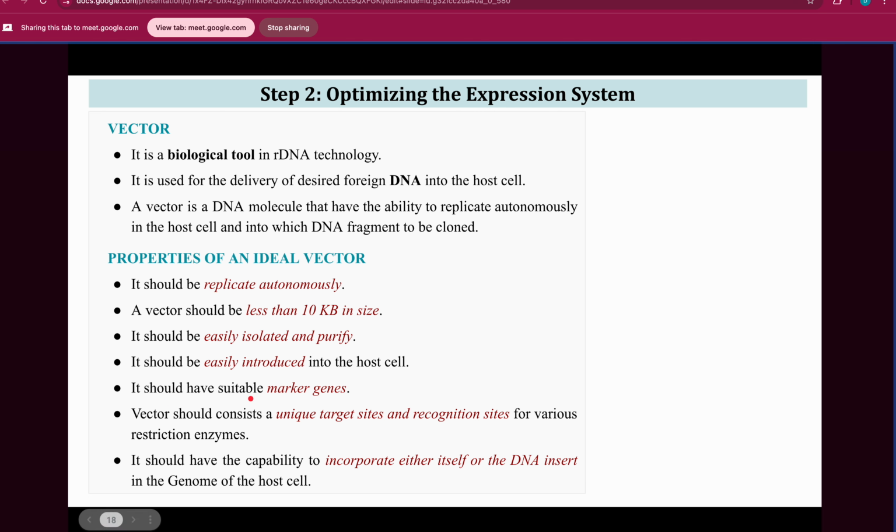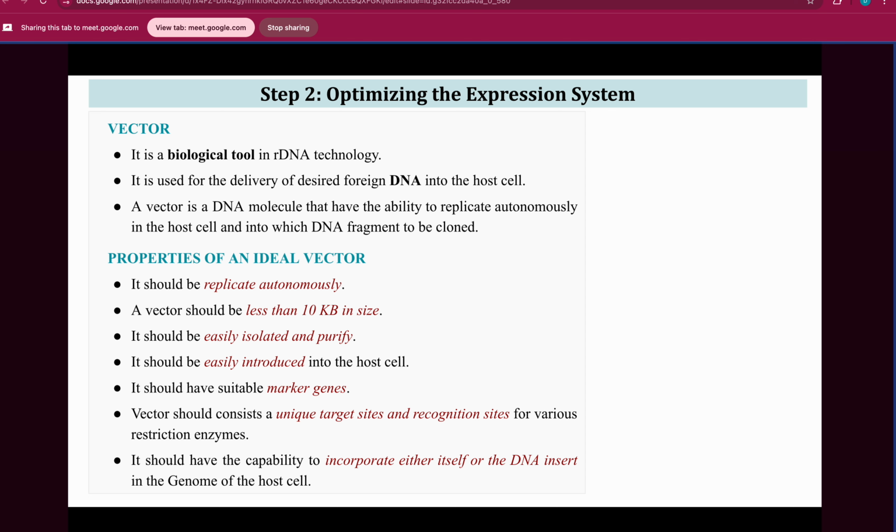The next thing is that it should have suitable marker genes. Whenever we construct a recombinant DNA, we want to distinguish it from other material. There is a possibility that there is another plasmid present in that particular E. coli, because when we isolate those plasmids after performing rounds of replication, we will be isolating those plasmids and obtaining our gene of interest.